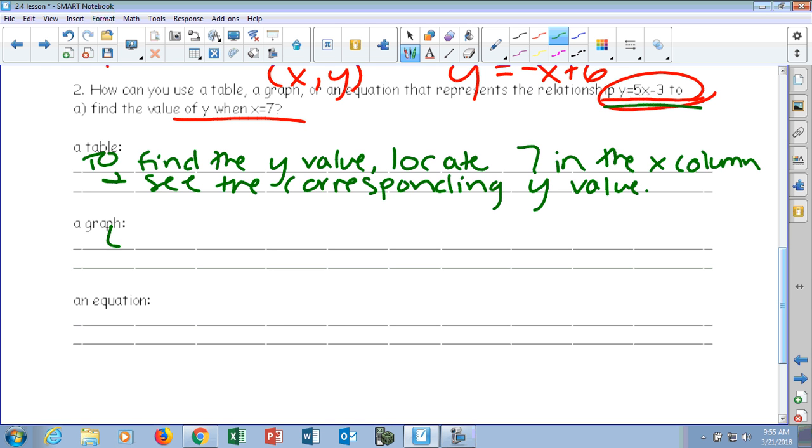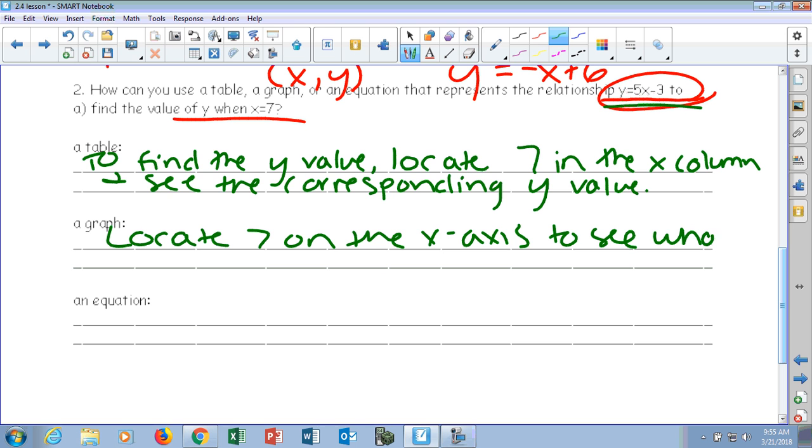We can do that because we know that we can locate 7 on the x-axis to see what the y value is on the y-axis.